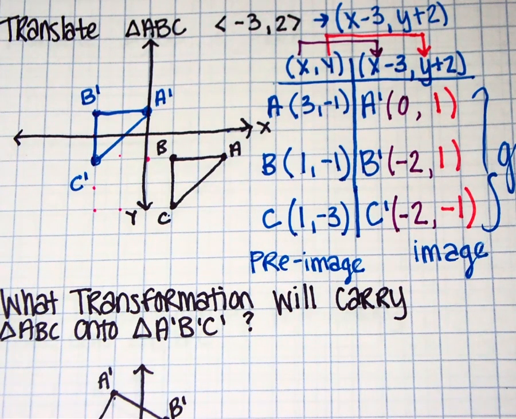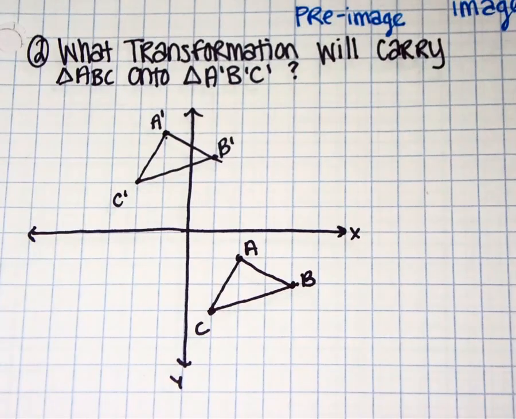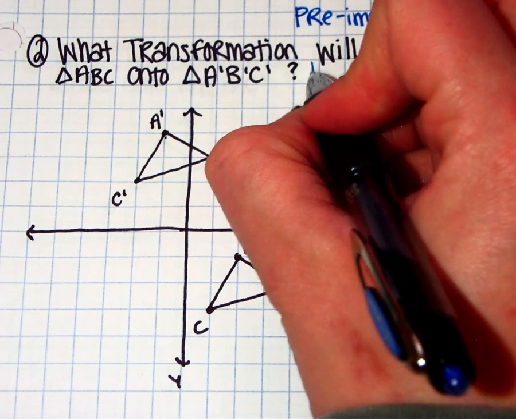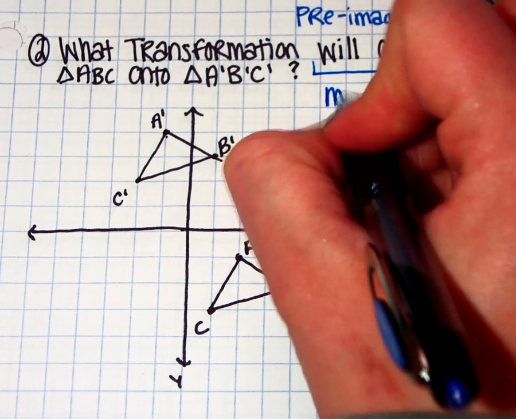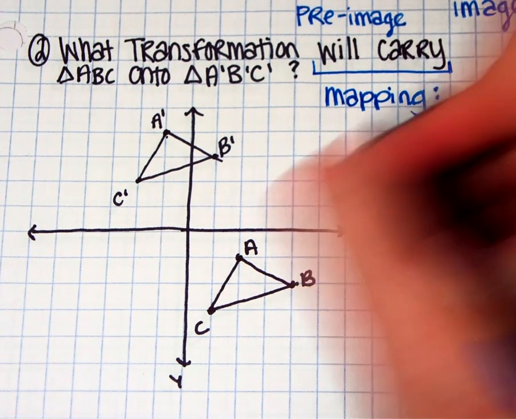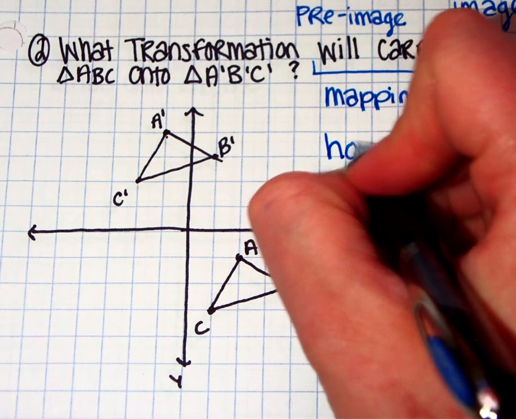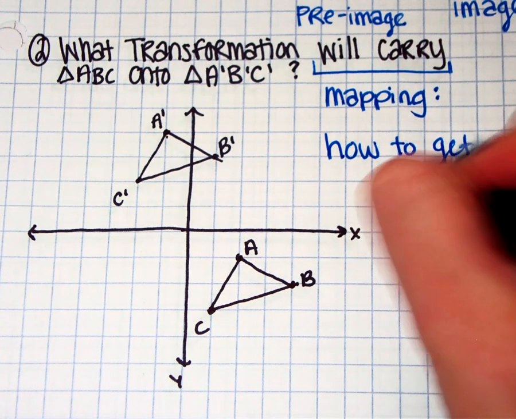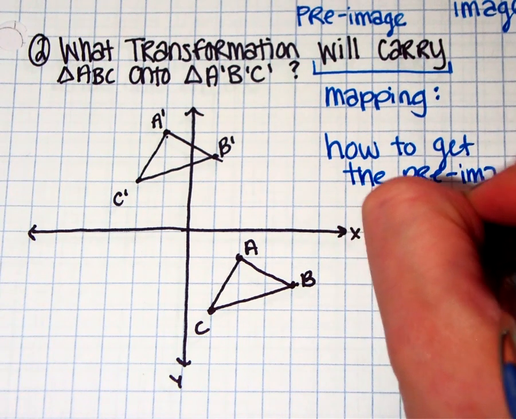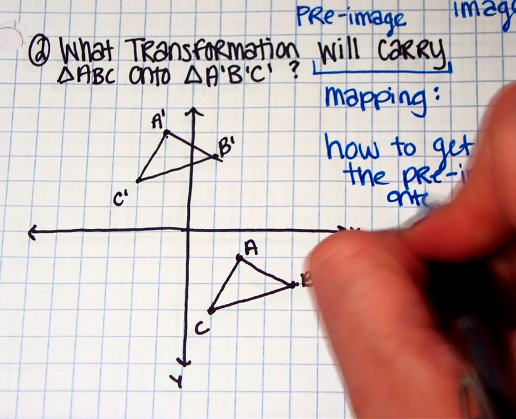All right, let's do our very last type of problem. What transformation will carry triangle ABC onto triangle A prime, B prime, C prime? When it has the word will carry, that's just another way to say mapping. And all mapping means is how to get the pre-image onto the image.